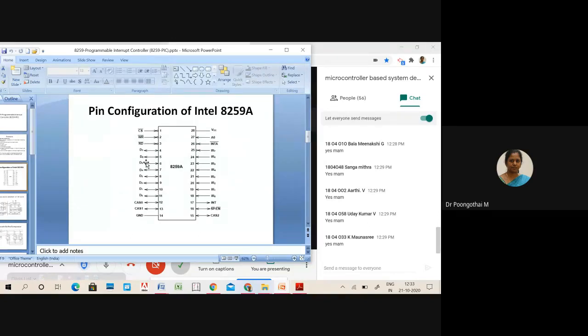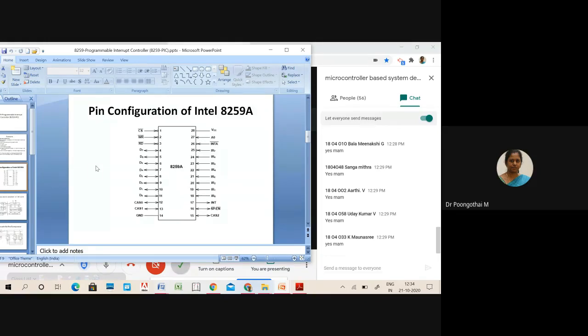Assume that your 8085 or 8086 processor is interfaced with your 8259. This is an input signal, so this signal is provided by your processor, either 8085 or 8086. Output signal means the signal is generated from 8259 to your 8085 or 8086 processor.